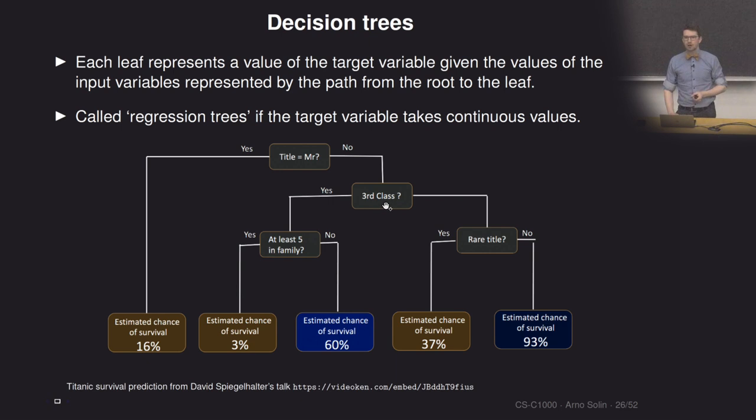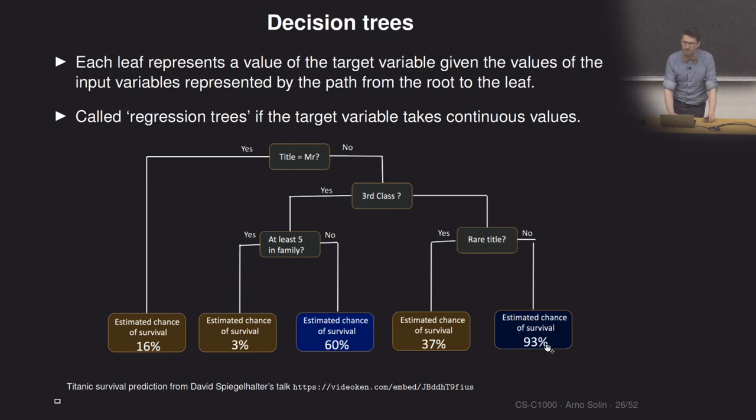Was it a third class passenger? If yes, in a big family, yes, I have even worse news for you. Third class passenger in a smaller family or traveling alone, a fair chance of surviving. Well, someone who is not traveling in third class and is not Mr. Is the title rare, like Prince?